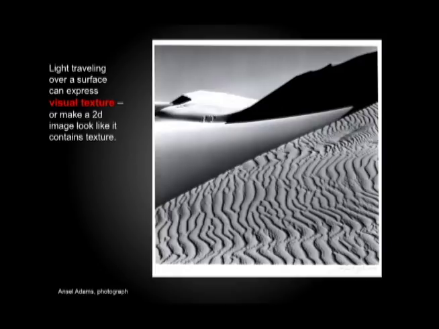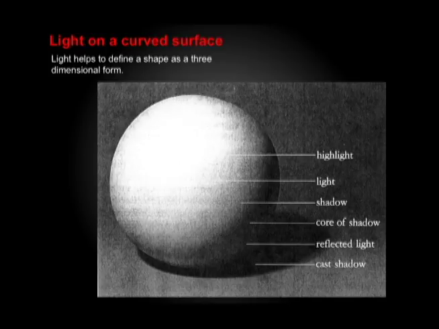Any textures that you'd like to describe in the image that you're creating must be drawn with the pen tool. No texture fills or Photoshop textures can be used. Light on a curved surface really helps us to turn a 2D plane into an illusion of 3 dimensions.